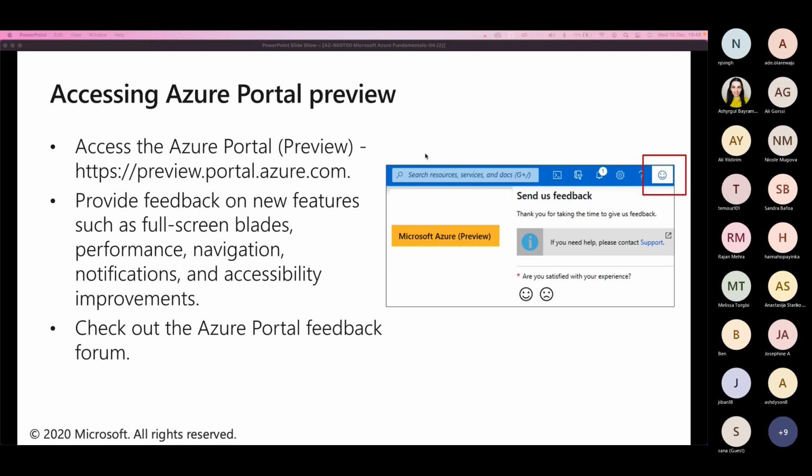So access the Azure portal preview, provide feedback on new features such as full screen blades, performance, navigation, notifications, and accessibility improvements, and you can check out the portal feedback form too, and see what people have recommended in there.